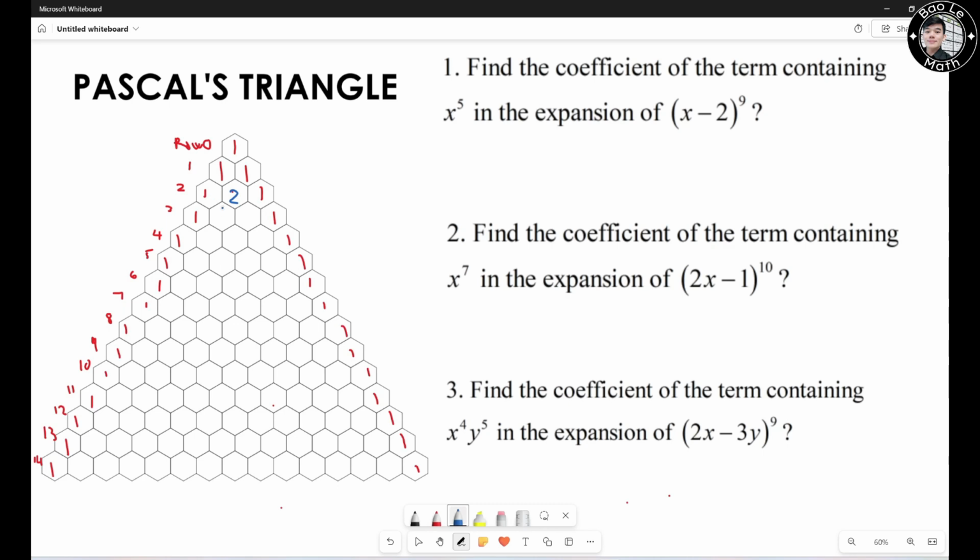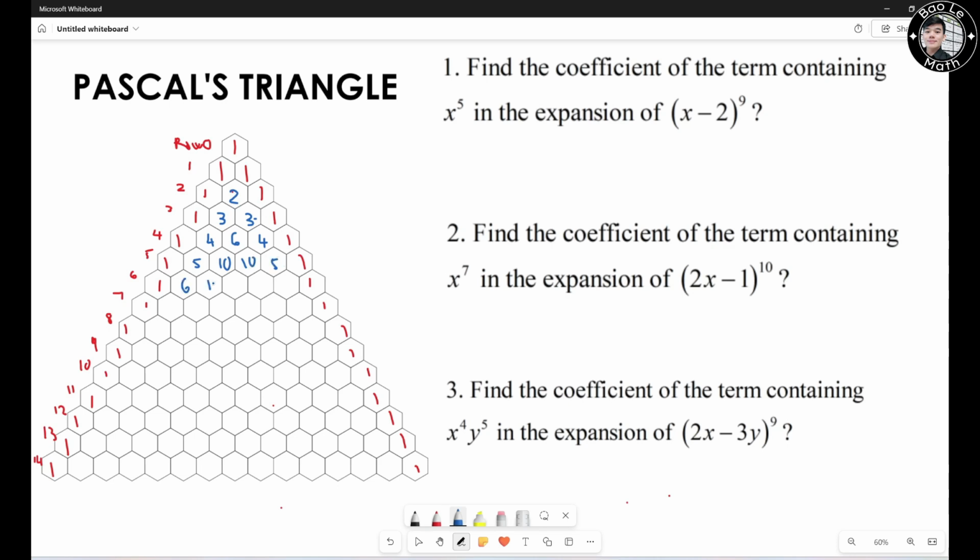Next one, for this number right here, we're going to add 1 and 2. It's going to be 3. Right here, 3. This one, 1 plus 3 is going to be 4. 3 plus 3 is going to be 6. 3 plus 1 is going to be 4. This one, 1 plus 4 is going to be 5. 10, 10, 5.